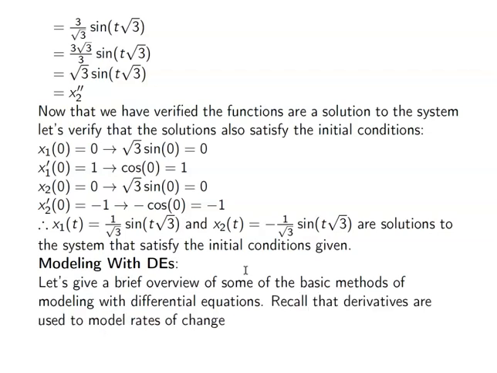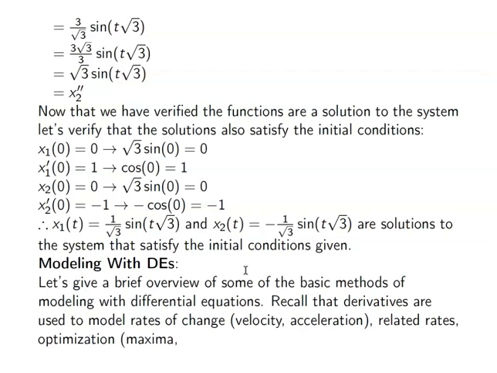Okay, so recall that derivatives are used to model rates of change, so things like velocity and acceleration. We use derivatives to model related rates, and we use them for optimization, right? Things like finding maxima and minima and concavity. We also use derivatives for linear approximation. So this is really just a review of the application process of Calc 1 for derivatives.